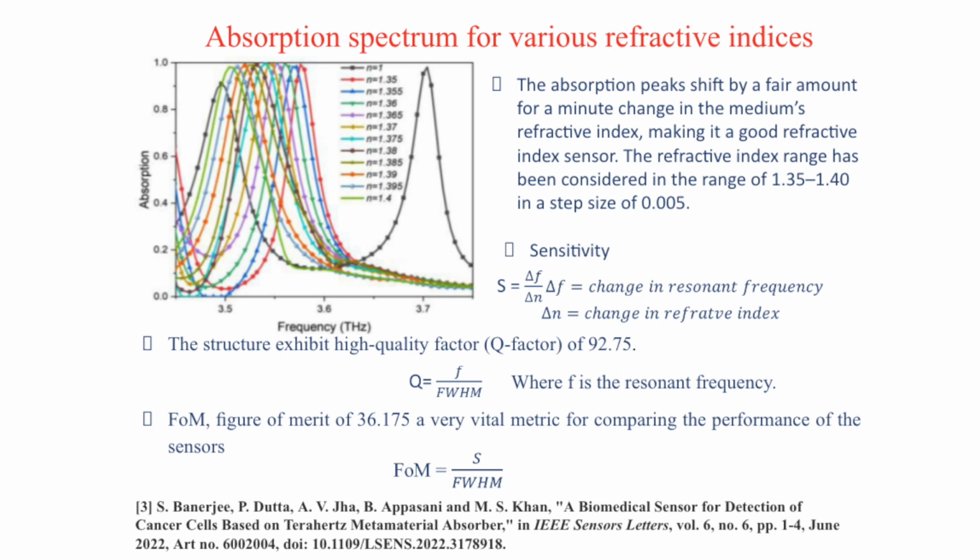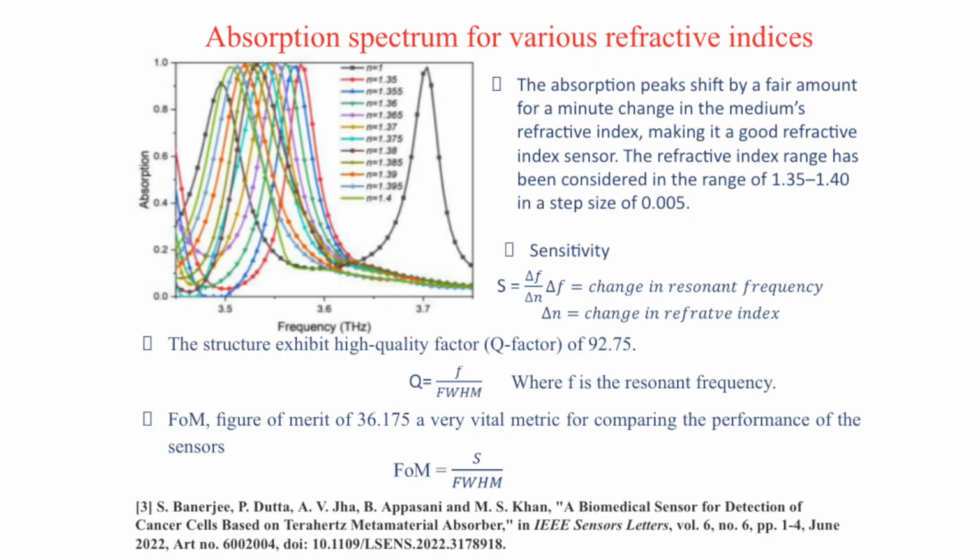So, it is representing the response to the variation in refractive index, and that refractive index is given by the square root of mu epsilon. So, refractive index depends on the permittivity and permeability, and the permittivity and permeability of cancerous and normal cells will be different.